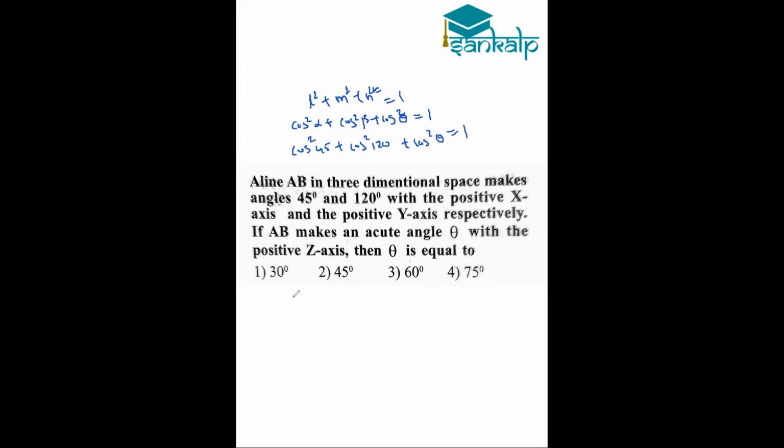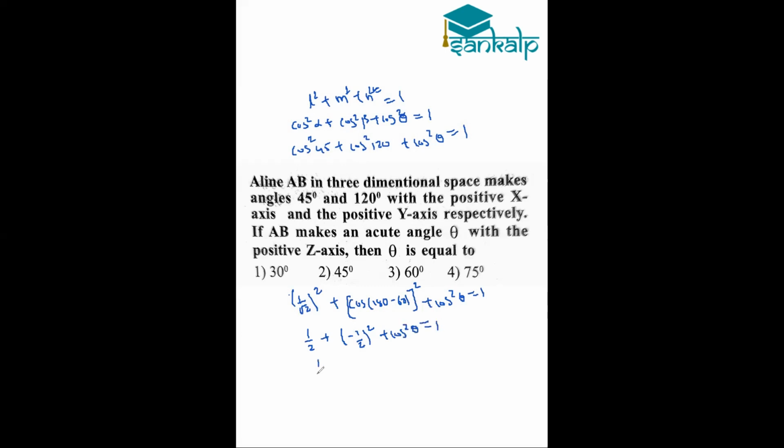Next, on further simplifying, for cos 45 we know it is 1 upon root 2, so it will be (1/√2) whole square plus cos 120, which can be written as cos of (180 minus 60) whole square, plus cos square theta is equal to 1. Next, we get 1 by 2, and cos of (180 minus 60) will be minus cos 60. Cos 60 value is 1 by 2, so (minus 1 by 2) square plus cos square theta.